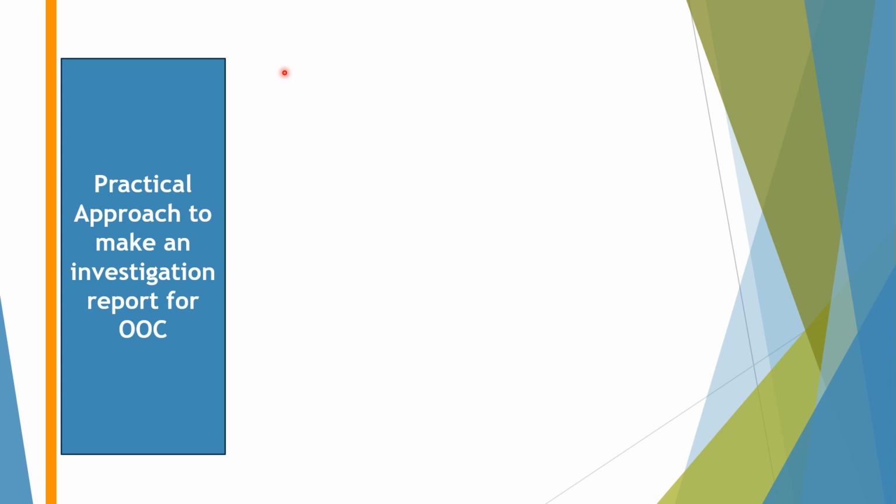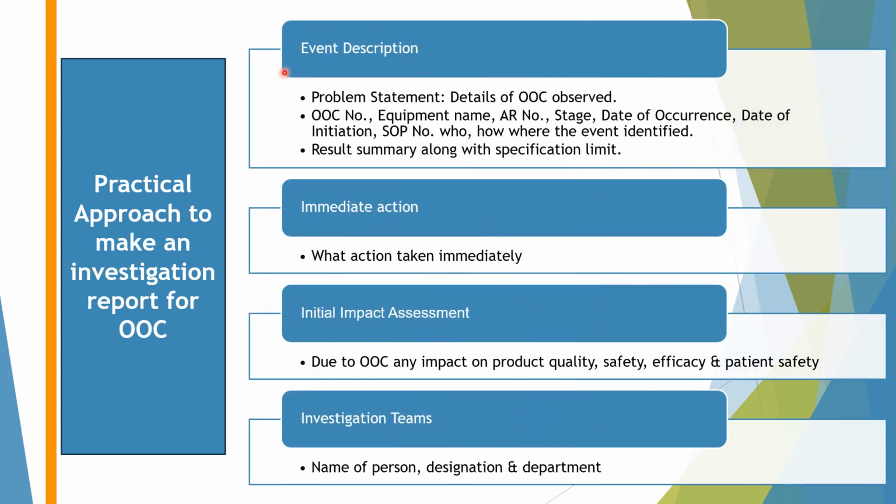So now in this slide we will discuss the practical approach to making an investigation report for an out of calibration result, right? First is the event description, that is the problem statement. Here you need to elaborate the details of the out of calibration results observed, and also give details such as the OOC number, which can be assigned based on the internal procedure.